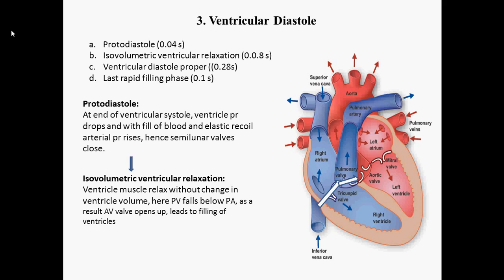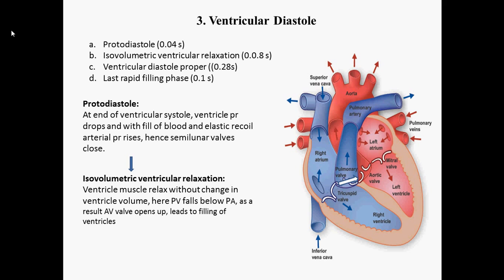You learned that in atrial systole there was an atrial contraction and an additional 30% blood was entering from the atria to the ventricle. Now in this phase, the isovolumetric ventricular relaxation, when the ventricle muscles are relaxing, the pressure of the ventricle is now less than the pressure in the atria, and because of that decreased pressure of the ventricle compared to the atria, the atrioventricular valve just opens up passively without any force.